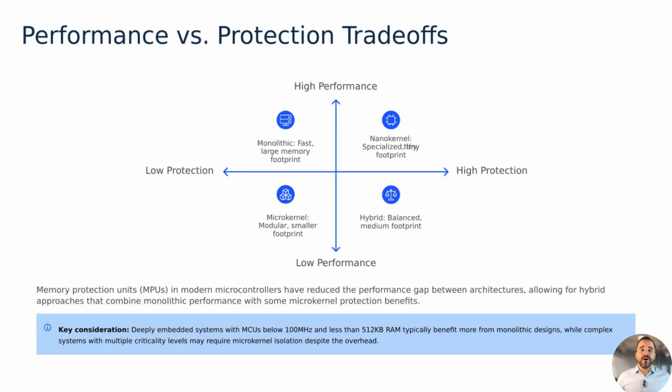Another variable is the hardware platform. If your system has a powerful MPU or MMU, memory management unit, a microkernel might be feasible. On low-power or 8-bit microcontrollers, monolithic designs are typically preferred. Ultimately, balancing performance, protection, memory usage, and maintainability is key to choosing the right kernel design. There's no perfect choice, just the best fit for your application.